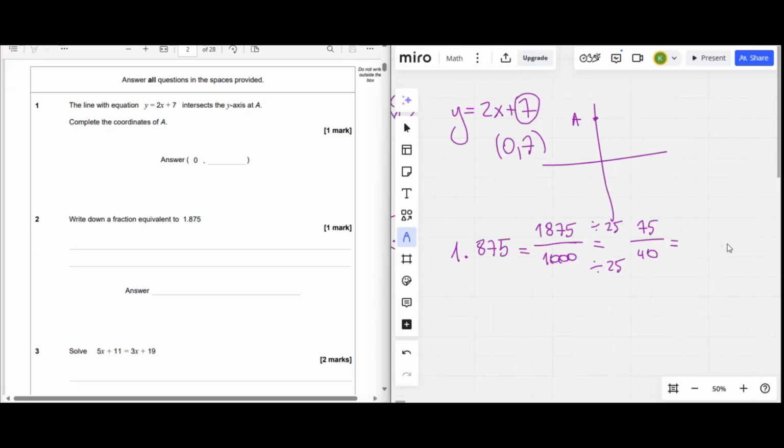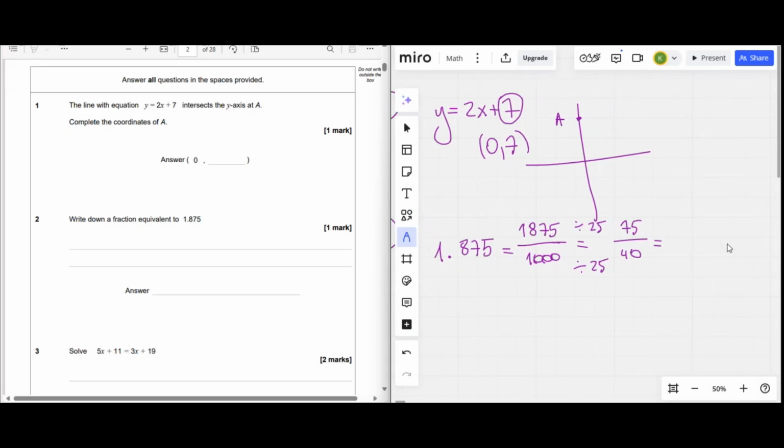We can cancel that further by 5. 75 by 5 is 15, and 40 by 5 is 8. Yes. 15 over 8. We can write it as a mixed number, 1 whole and 7 eighths. But it's a fraction, so it's 15 over 8.